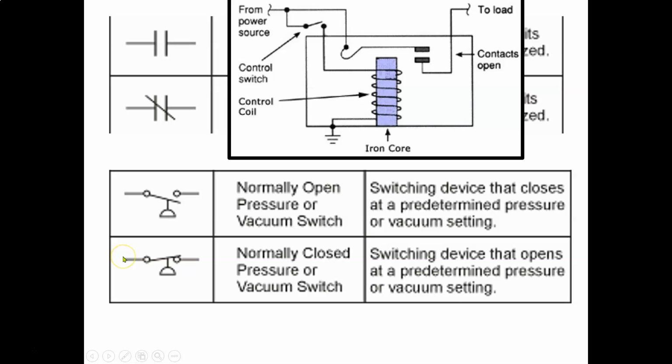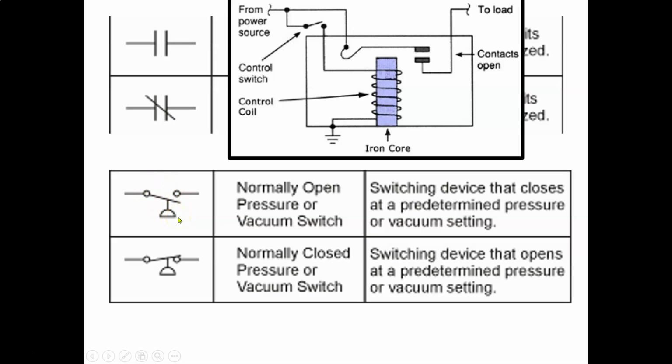Then we have normally open pressure or vacuum switches. So that's that symbol there. Okay, it kind of looks like a float switch, but with the ball cut in half, right? These switches are devices that close at a predetermined pressure or vacuum setting. So as you can see here, this one is normally open.